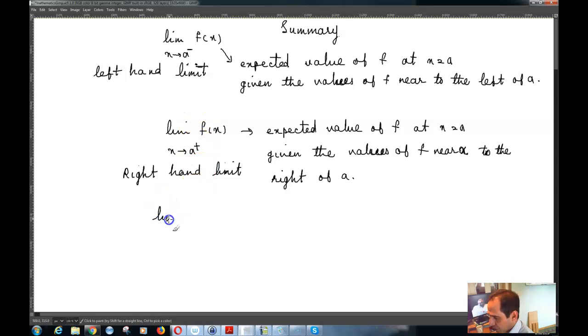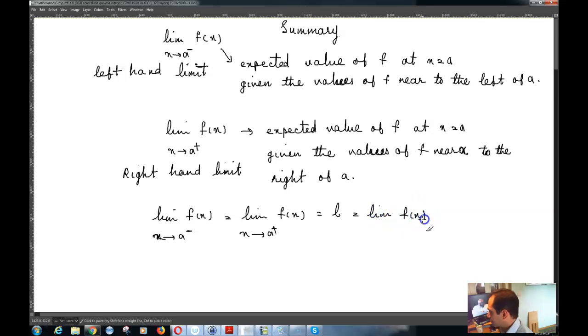So if the limit of f of x when x tends to a from the left is equal to the limit of f of x when x tends to a from the right, and that is equal to L, for example, that value we call the limit of f of x at x is equal to a, or as x tends to a, which is denoted by the limit of f of x when x tends to a.